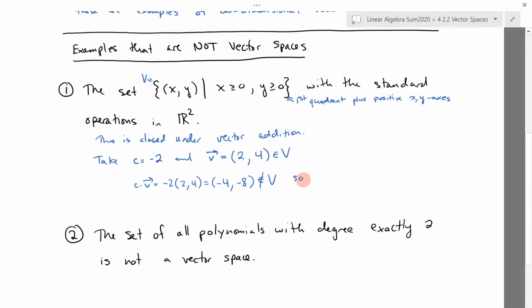So this says that V is not closed under scalar multiplication. And because it fails this property, that means it's not a vector space.